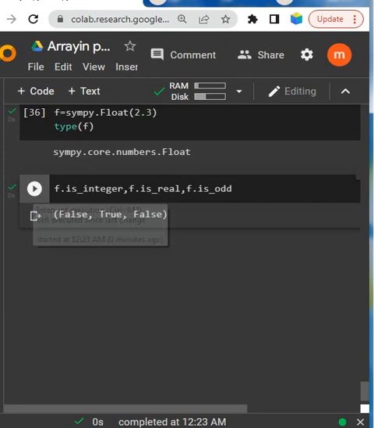So it is not an integer, it is real, and 2.3 is not odd, so you can see false here.